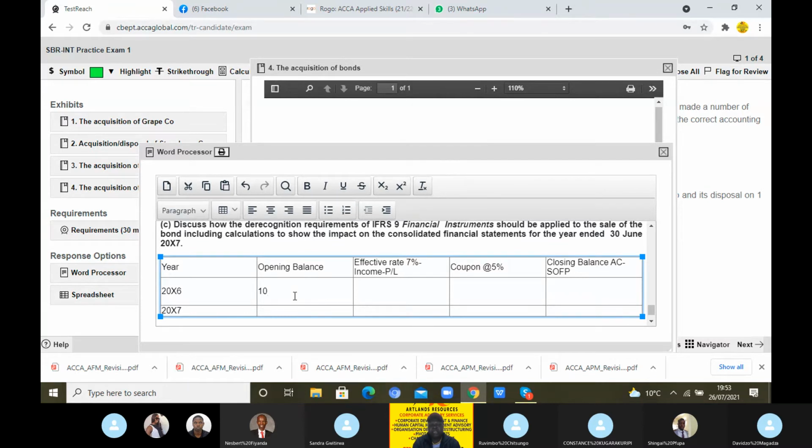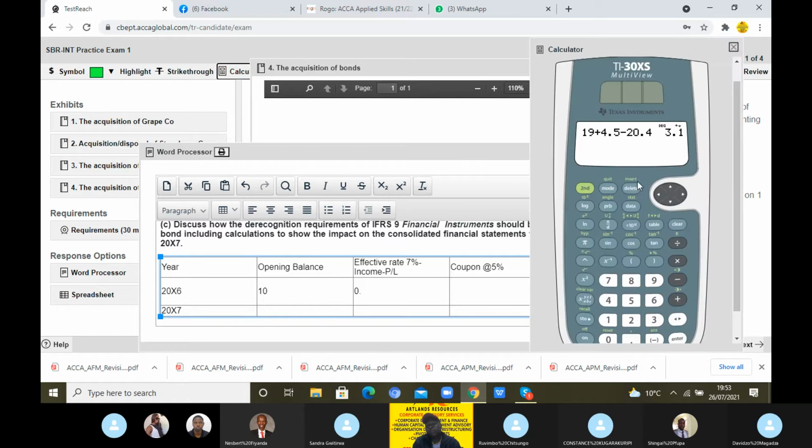Opening balance of the bonds was 10 million, 7% of 10 million. Let me get my calculator so that I don't trouble myself. 7% of 10 million. I'm trying to type something on the calculator here.